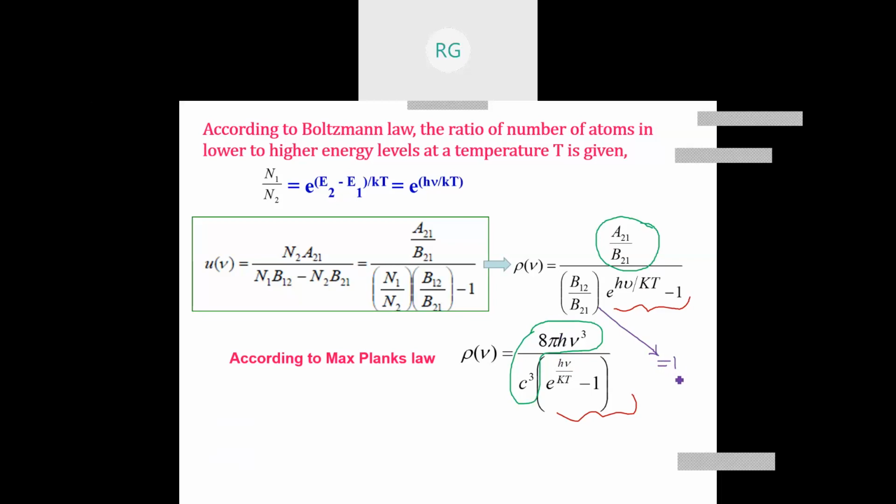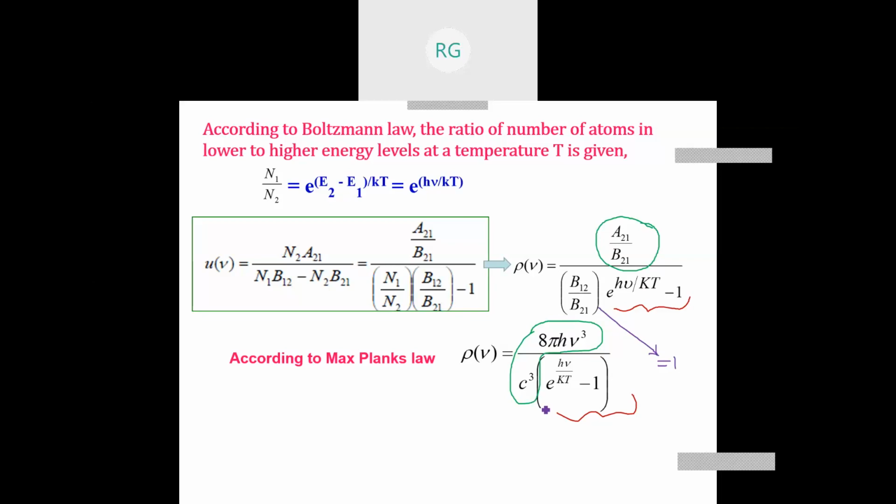So when I compare the Einstein equations of stimulated emission, spontaneous emission, and induced absorption, I can see that this equation is almost equal to the black body radiation distribution derived by Maxwell.